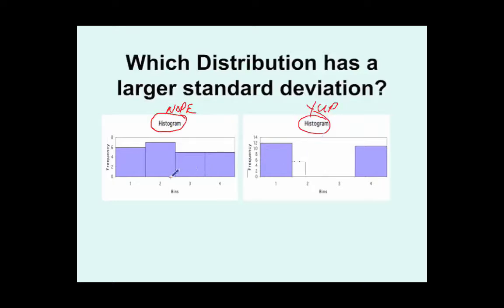Well, notice that they both have approximately the same mean, somewhere around 2.5, but the data is more spread out in this distribution to the left and to the right than it was in this one. One thing to notice is the difference in the scale and the frequencies of these two histograms. If you need to, pause it right now and take a look at those two histograms until you get the idea why this one has the larger standard deviation. So this one has the bigger standard deviation here, okay?